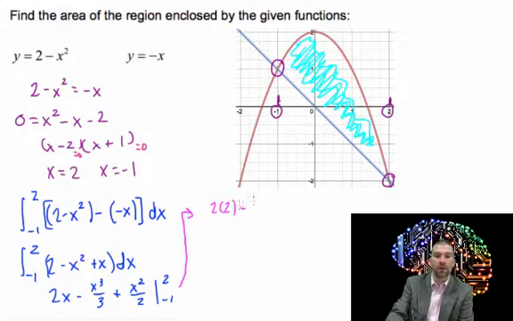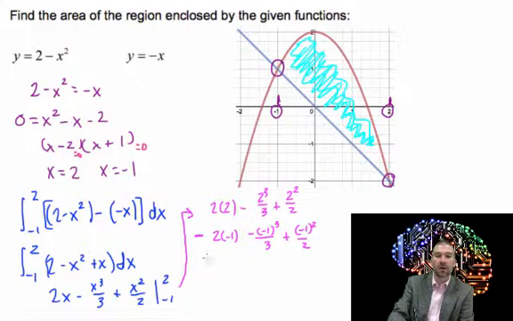Now I'm going to write this a little different because of space, but it should make sense to you. I'm going to have 2 cubed over 3 plus 2 squared over 2, minus, and then I'm going to just do a second row here, 2 times -1 minus -1 cubed over 3 plus -1 squared over 2. So I'm just going to go top minus bottom.